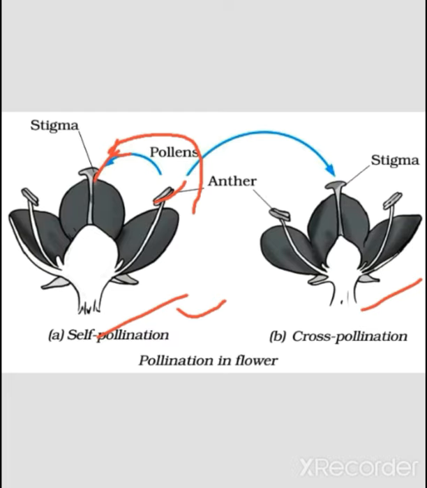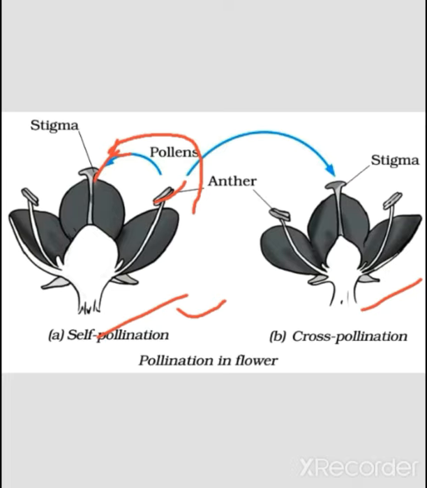That means there is no need of any other pollinator, because anther and stigma ripen before the opening of the bud. Here are some examples of bud pollination, that is pea, wheat, and rice.